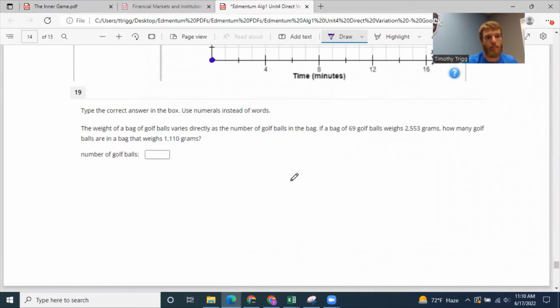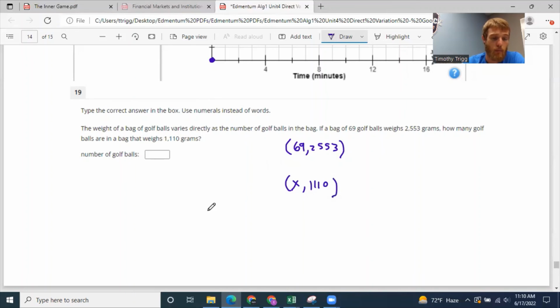Next one, number 19. The weight of a bag of golf balls varies directly as the number of golf balls in the bag. If a bag of 69 golf balls weighs 2,553 grams, so we have a coordinate point, 69 golf balls, 2,553 grams. How many golf balls are in a bag that weighs 1,110 grams?